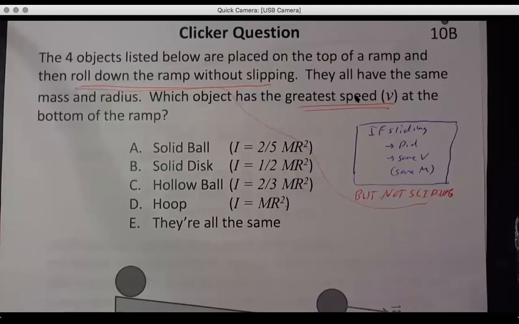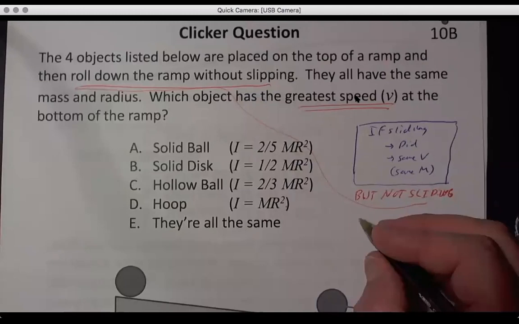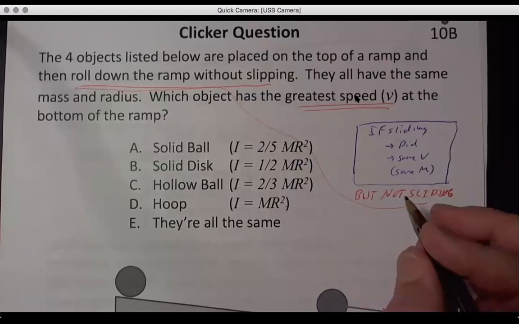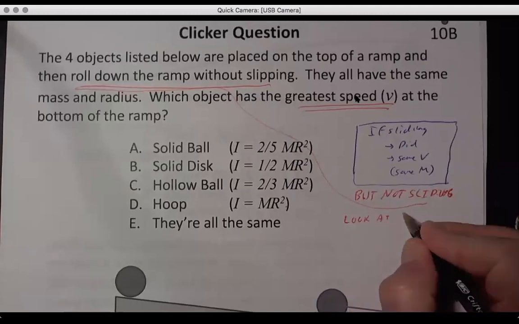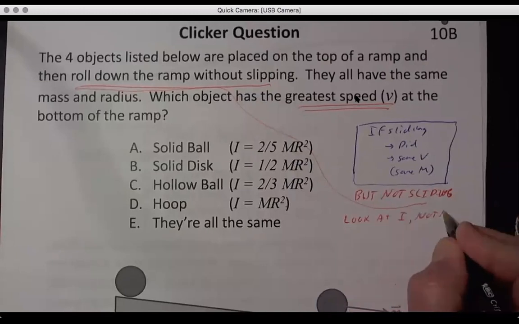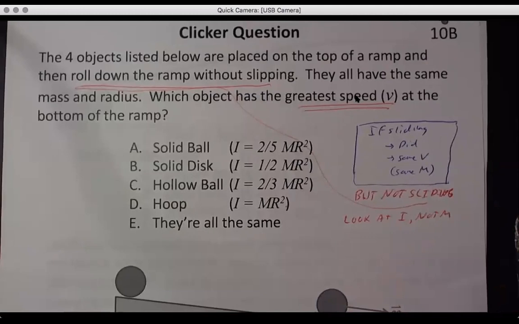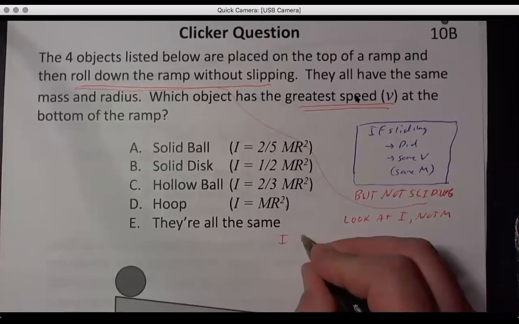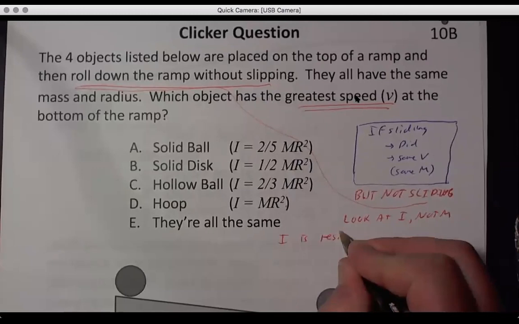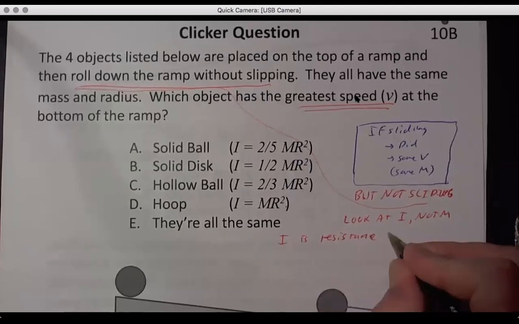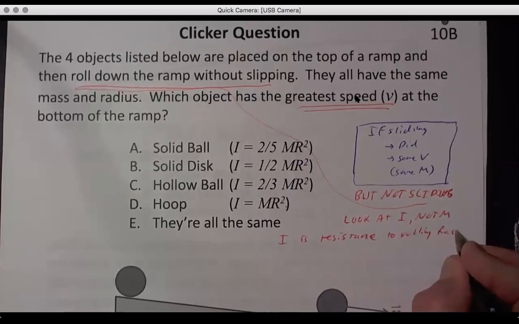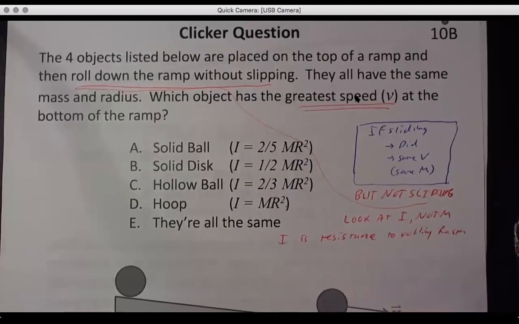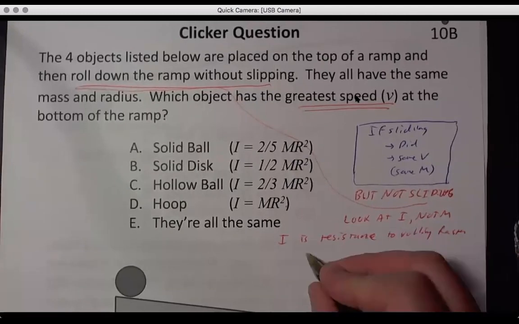So what do we do? Well, now instead of m, we have to look at I. And remember, I is the resistance to rolling faster. Right? m is the inertial resistance, and I is the moment of inertia.